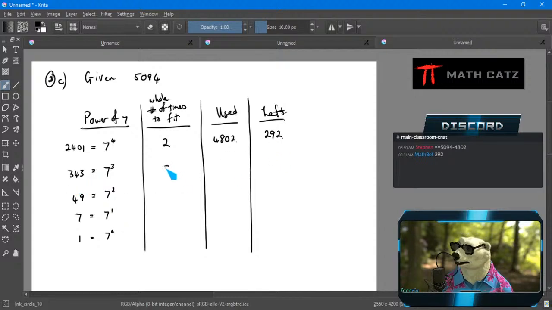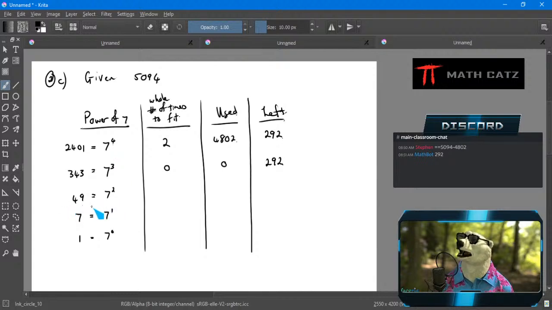Can't fit in. I can fit none of them in. I've used nothing. I still have left my 292. That's okay. I just needed to check because the place value system needs to take note of how many of each of these group sizes are used. So I can't skip anything.